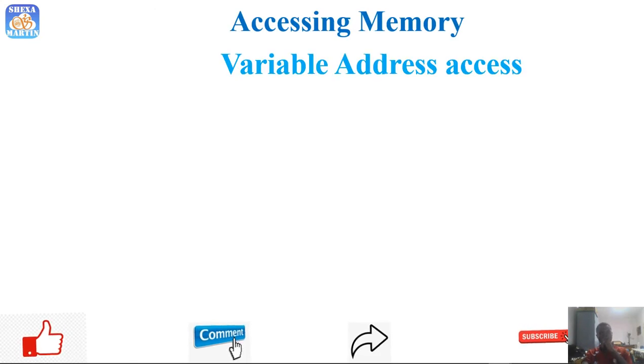Variable address access. So we have declared our variables and we want to know where exactly is my address. Where is the variable nums stored? Where is the variable nums index 0 stored?